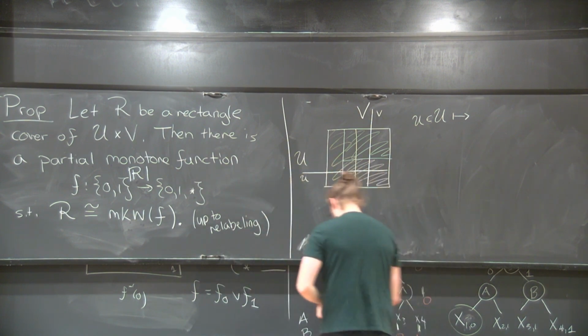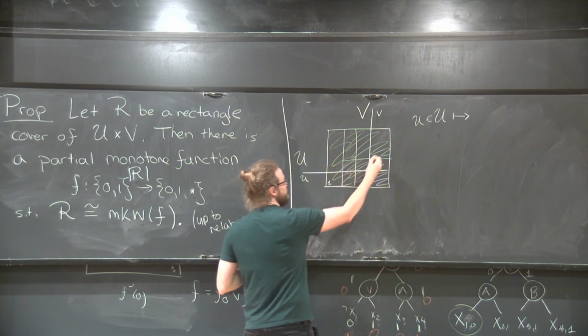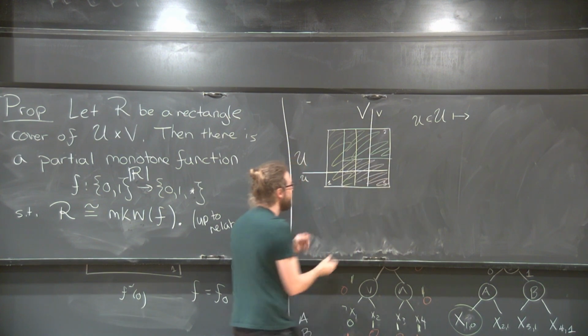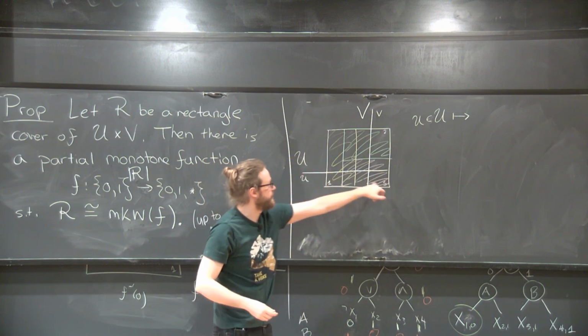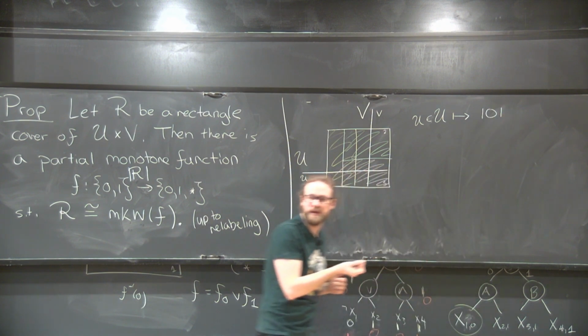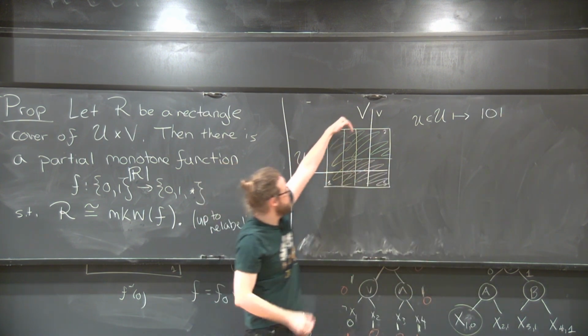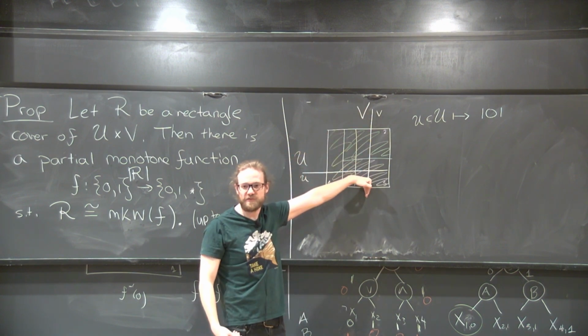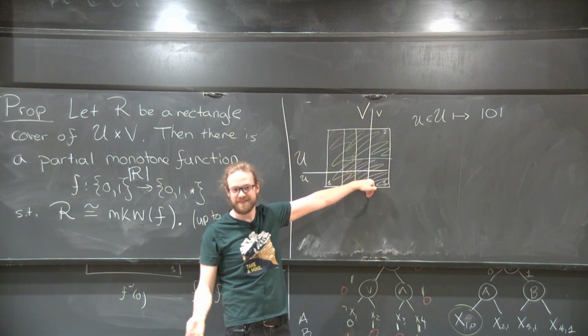So if this is rectangle 1, this is rectangle 2, this is rectangle 3, we see that this little u is contained in both 1 and 3. So this is going to map to this string, say 1, 0, 1. Now for every v, I'll just write down the list of rectangles that it's not contained in.